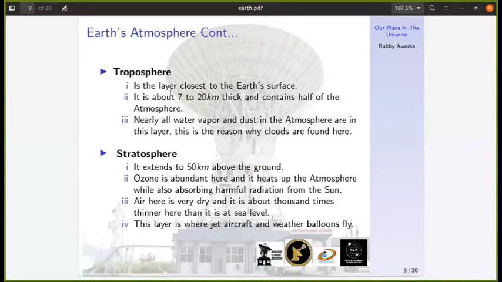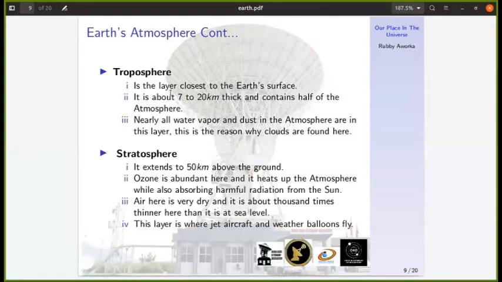Followed by the troposphere is the stratosphere, and it extends to 550 kilometers above the ground. Ozone is abundant here, so the ozone layer we've been hearing about is abundant in the stratosphere. It heats up the atmosphere while also absorbing harmful radiation from the sun.